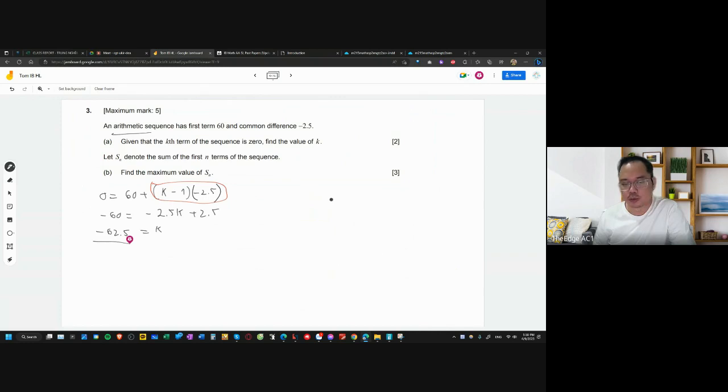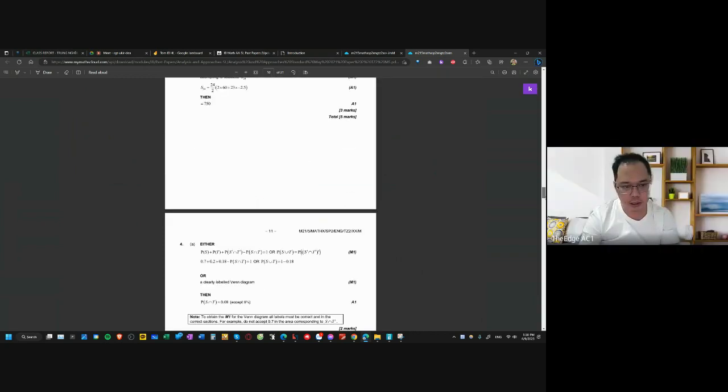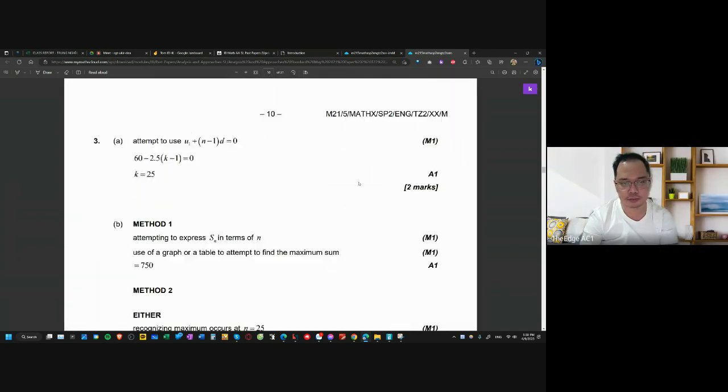So the ratio between the two negative values is a positive value. K must be positive. Okay. 25. Okay. And then the mark scheme. 25, yes.